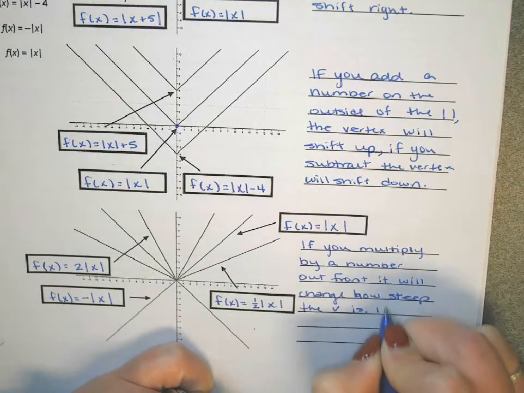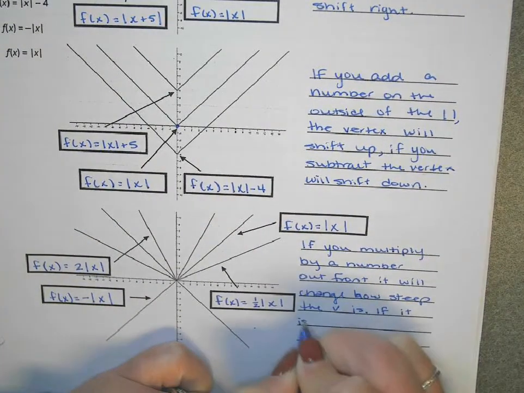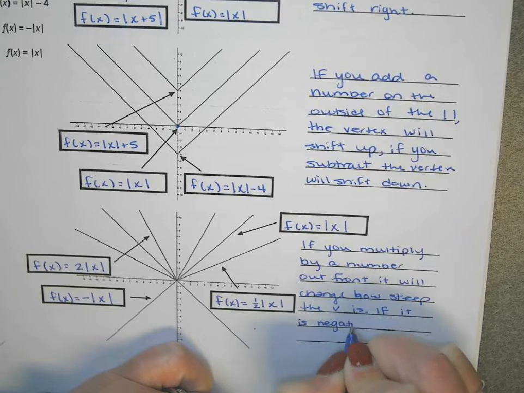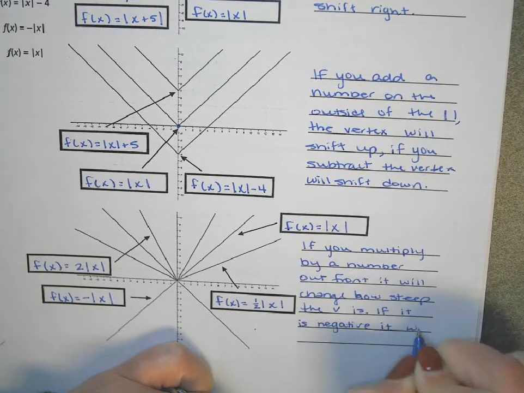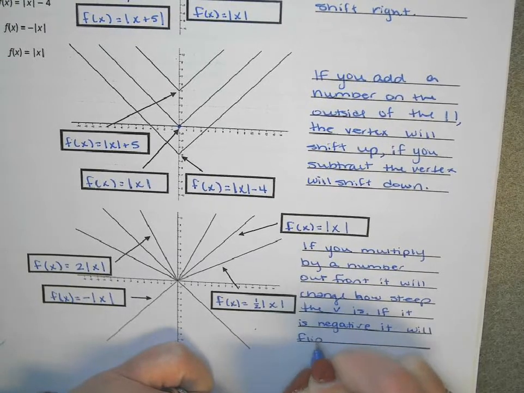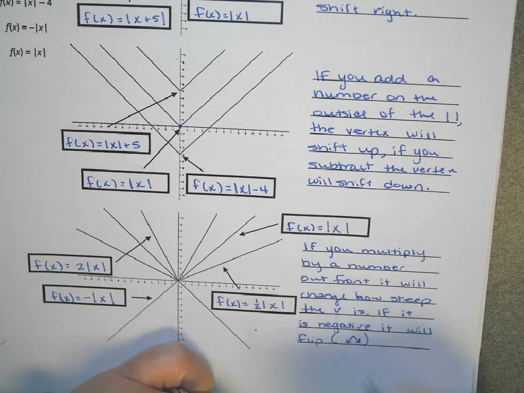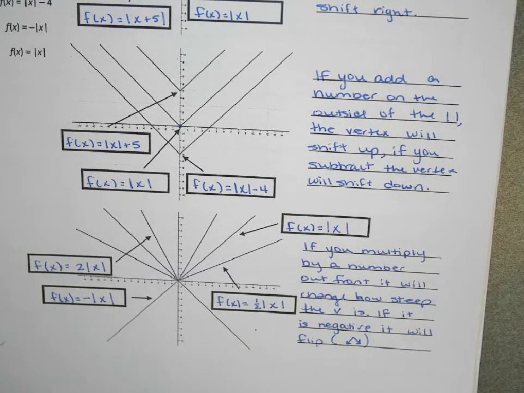Okay? If it is negative, it will flip. And we'll put in parentheses the upside down looking V. So we know what it flips to look like.